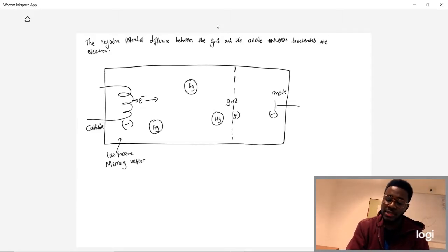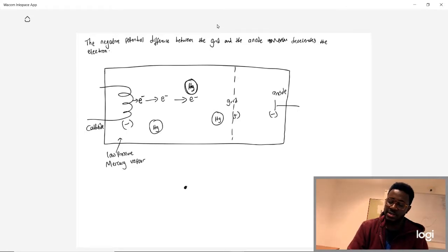Okay, so the electrons here, when they are accelerated towards the grid, are going to gain energy, right? And they can give some of that energy to the mercury atoms. When they do, they can excite some of the electrons in the mercury atoms. So let's show the example here.